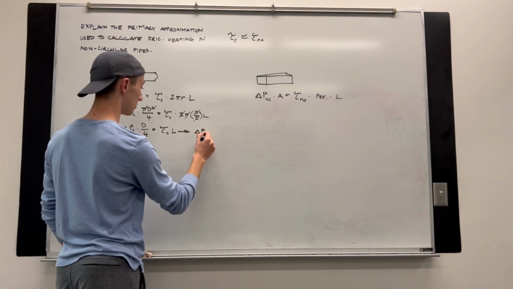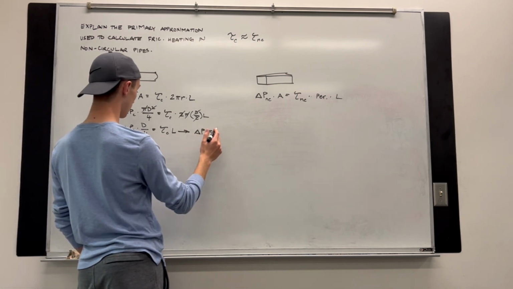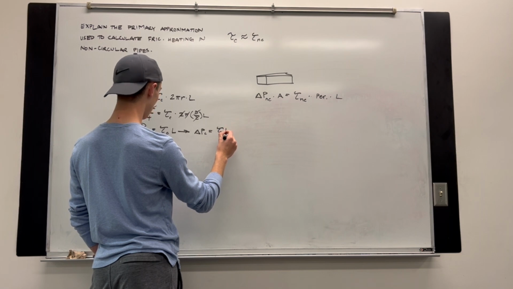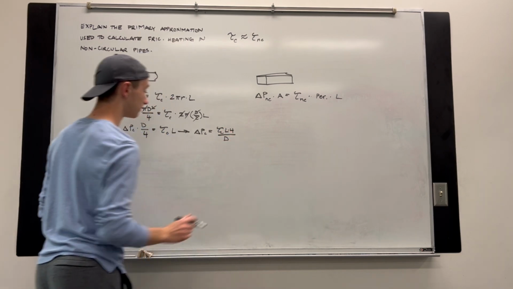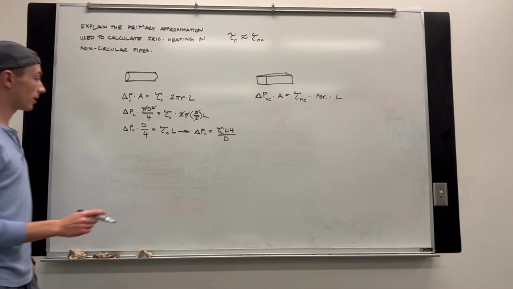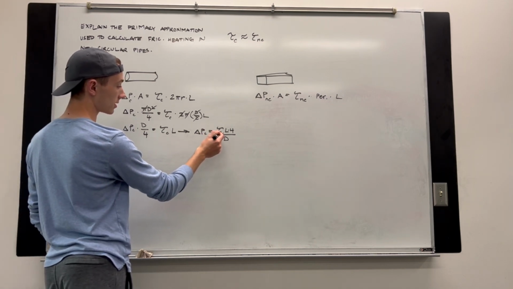Delta P circular is equal to, move this to the other side, we get tau times C times L times 4 over d. Okay, and let's go ahead and solve for, I guess I should have just done this the other way. Let's just go ahead and solve for that shear stress.